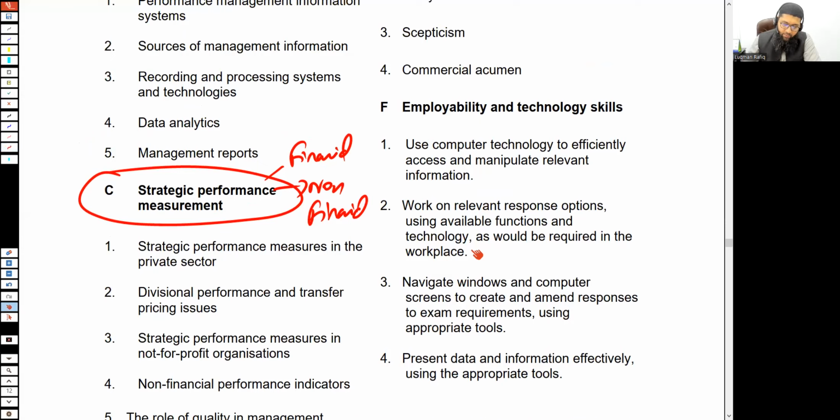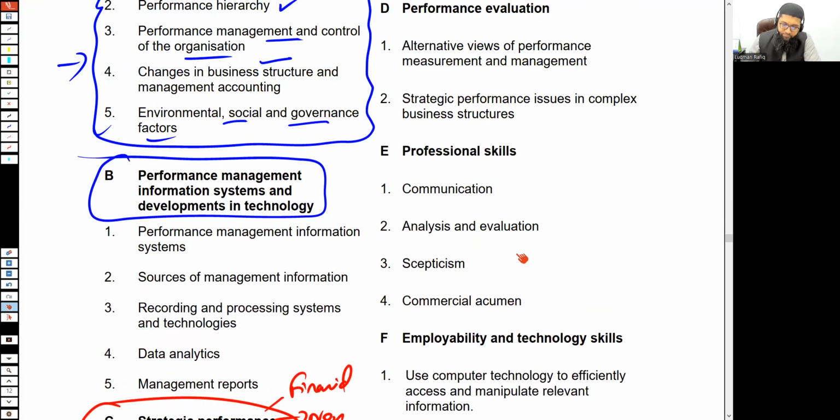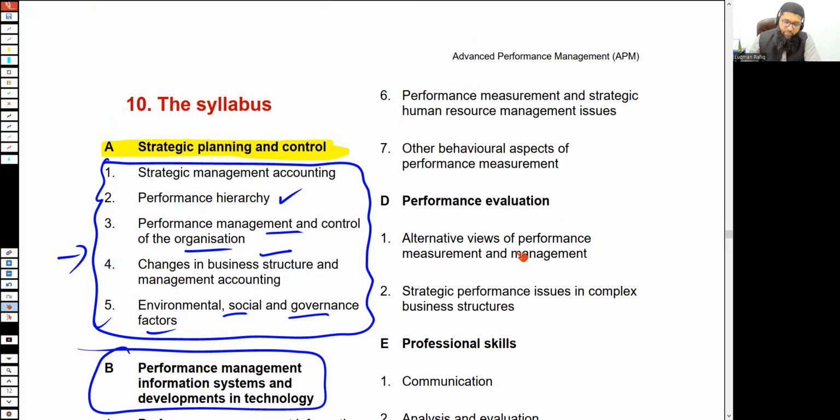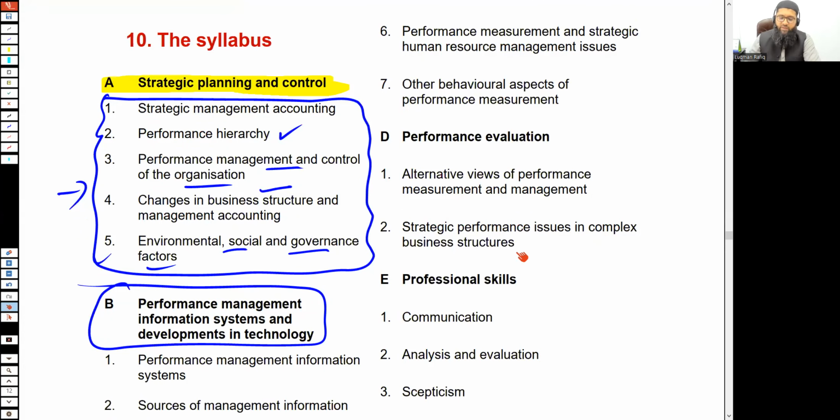Next, if I move forward, the next aspect is performance evaluation. When you have measured the performance, you have to comment on it, evaluate it, and judge whether it's a good or bad performance, what the weak areas are, what the reasons for the bad performance are, and how they could be overcome.